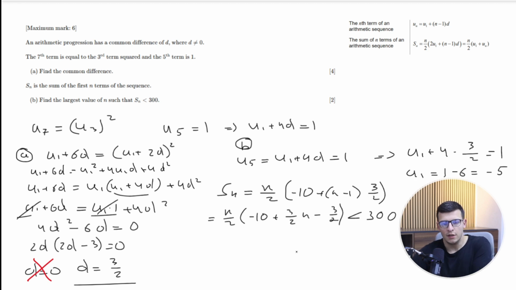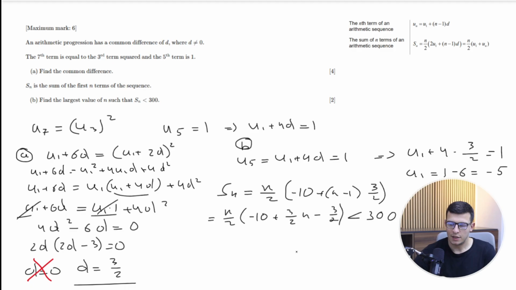We can expand the bracket, and as you can imagine, there's going to be a quadratic function with n squared, right? Or we can use a GDC to produce a table of values for Sn. If you have a GDC and you know how to do that, go ahead and do that.